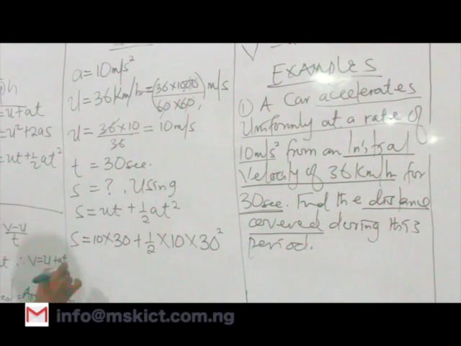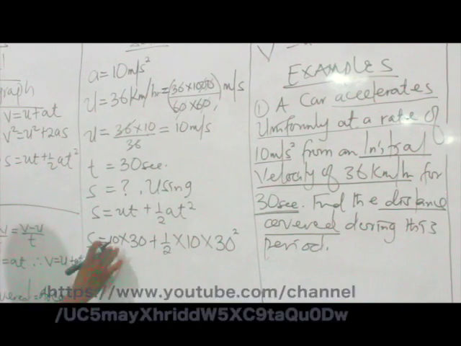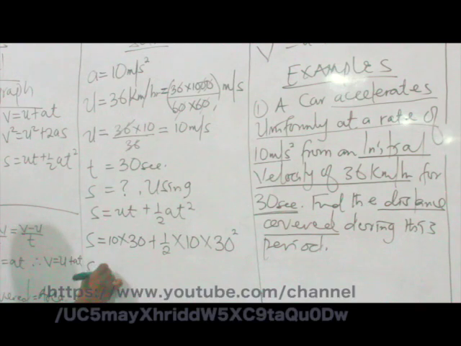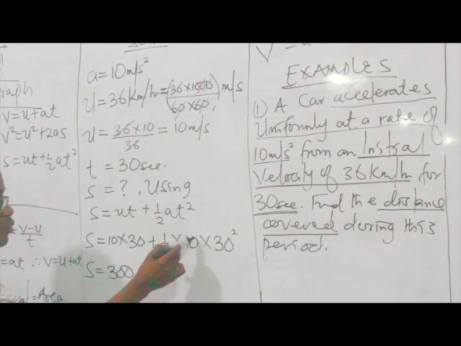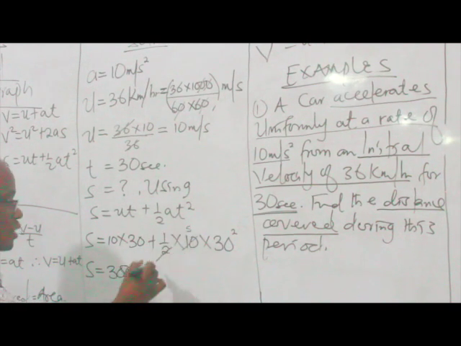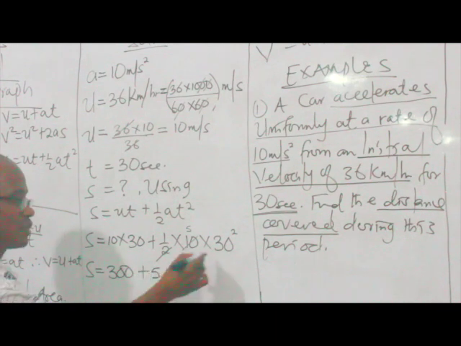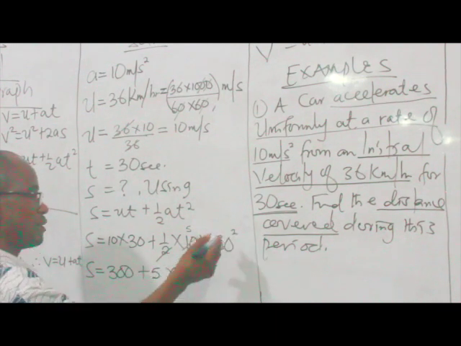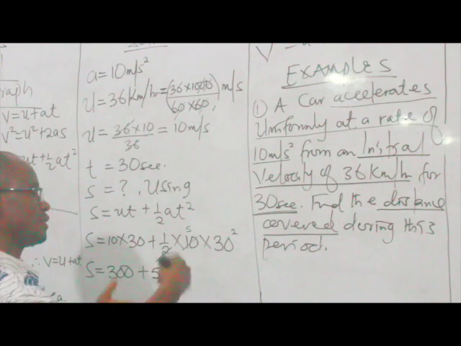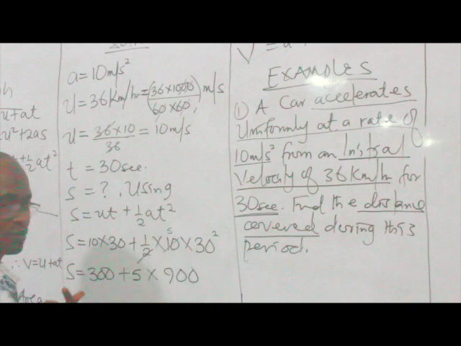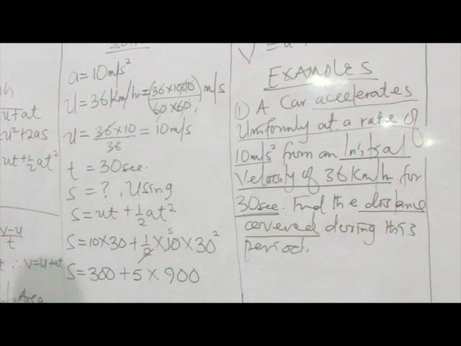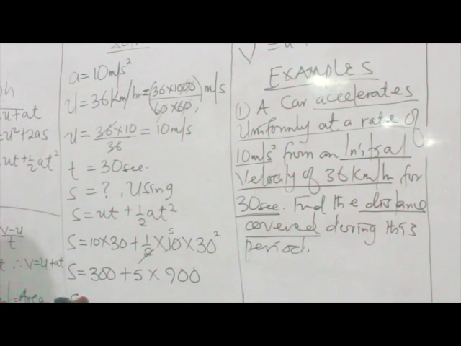To simplify this, s equals 10 times 30, that is 300, plus half into 10, 5, times 30 squared, meaning 30 times 30. Or you can easily say 3 squared is 9, you add 2 zeros, that is 900.